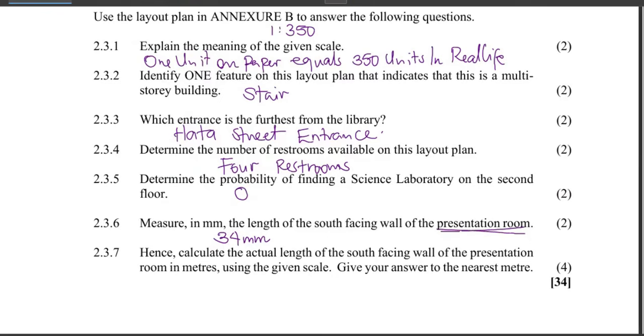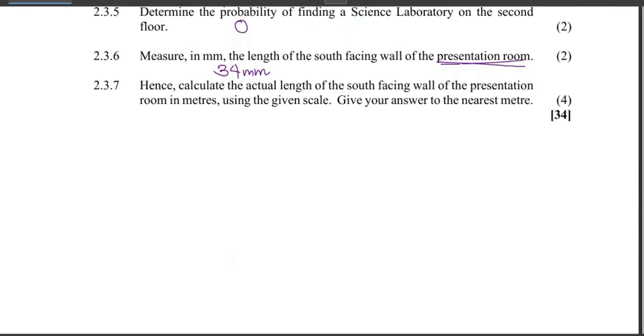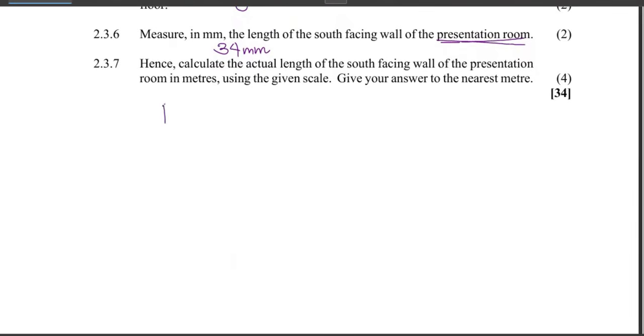Hence, calculate the actual length of the southern wall of the prison. So now, they want you to get the actual length. But remember, we have the scale that says if you have 1 unit on paper, you have 350. So now on paper you found 34. What will it be? Cross multiply, it becomes 34 times 350.